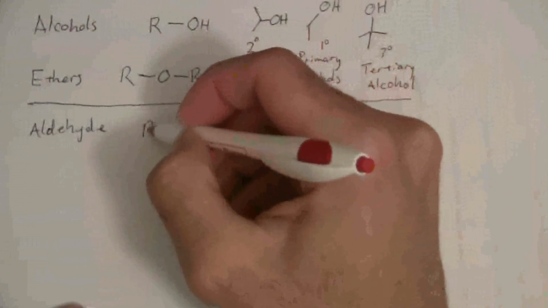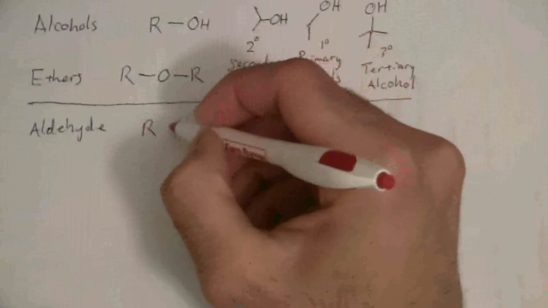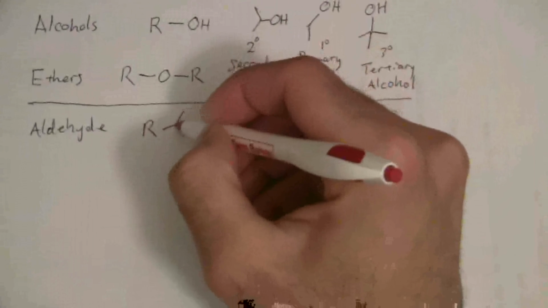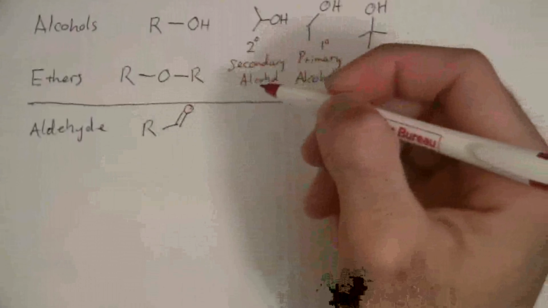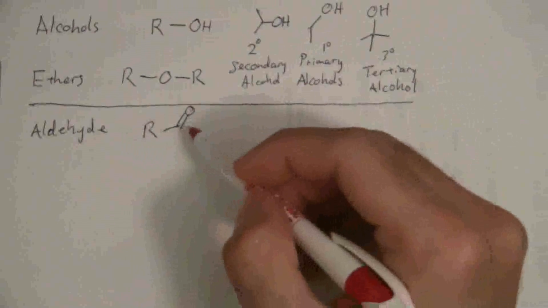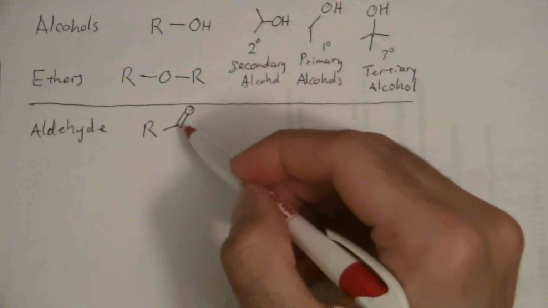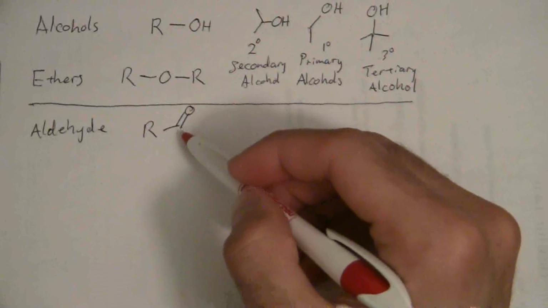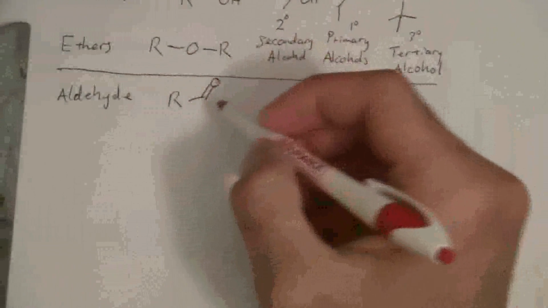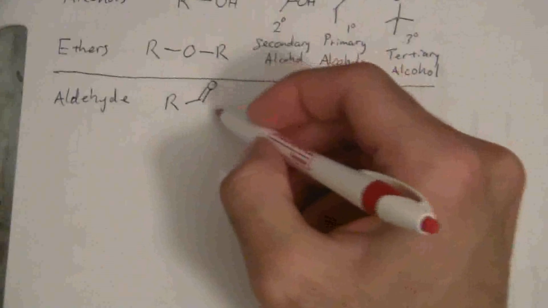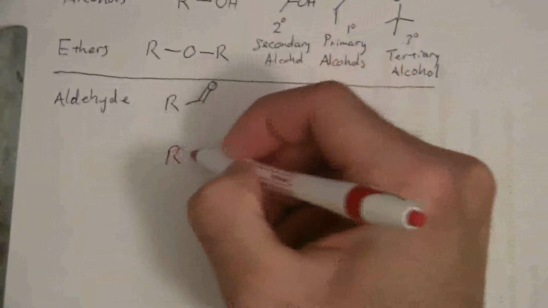You remember the aldehyde is where we had the carbon chain, and then it had a carbonyl carbon on it. But that carbonyl carbon was at the end of the chain, and it had a hydrogen hanging off of it. So that's an aldehyde. And what's the related one where I have an R group attached to that?